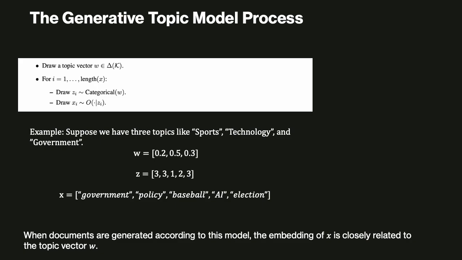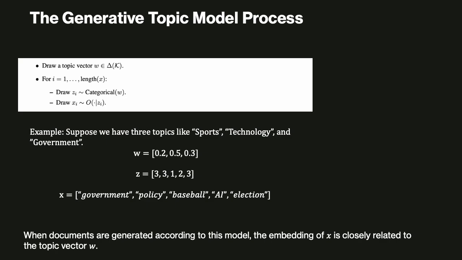Here we'll show what the generative topic model process might look like. First we draw a topic vector W from the set of all possible probability distributions on K topics. Then for a document X of length |X|, we draw Zi, which represents which category a word belongs to, and then we draw the actual word Xi. For example, suppose we have 3 topics: sports, technology, and government.